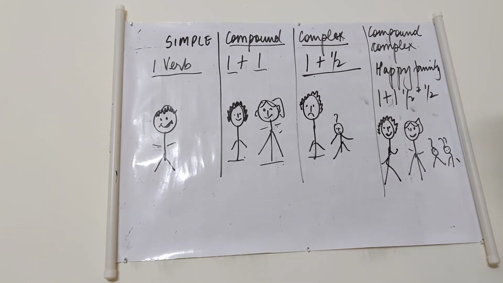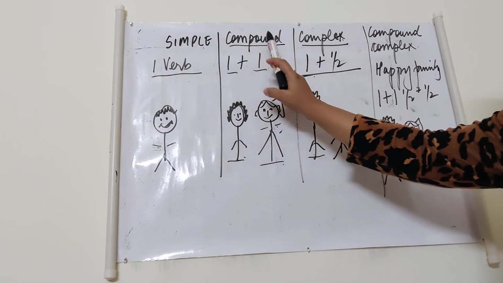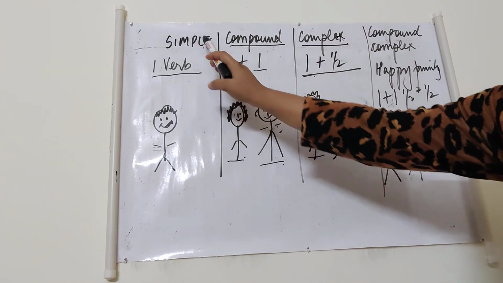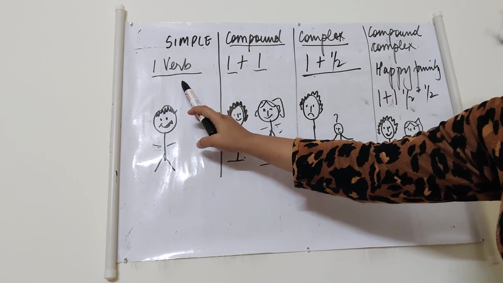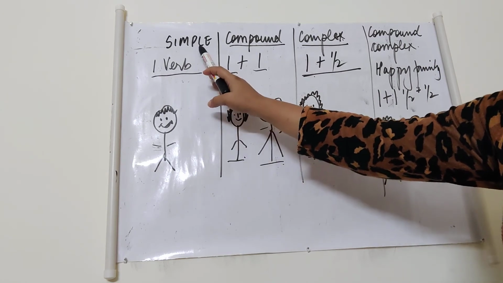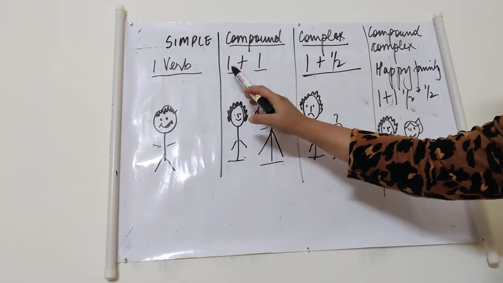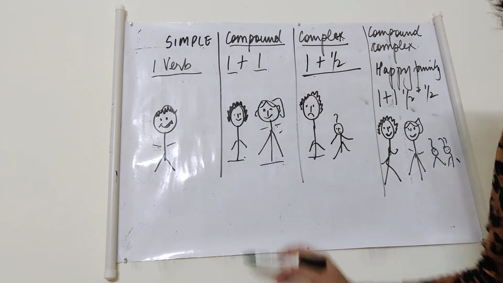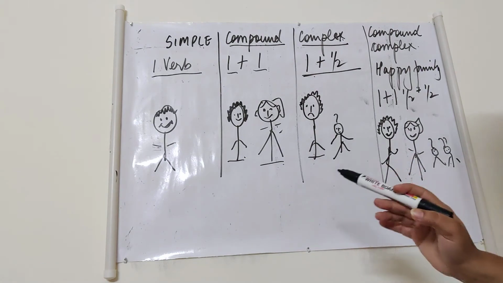So children, it's very, very simple. If you go by the verb, it's very simple to identify whether a sentence is a simple sentence, a compound sentence, a complex, or the fourth one. If a sentence has got one finite verb, then it's a simple sentence. If it has got 2 finite verbs joined by a coordinating conjunction, then that's a compound sentence.